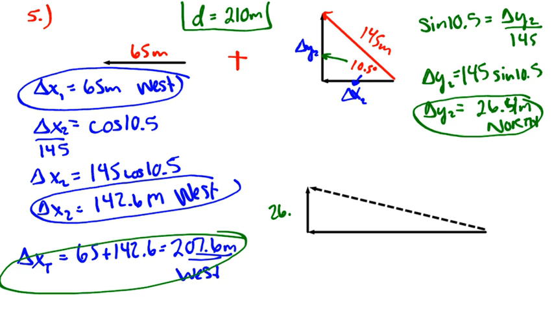What about his displacement? We're going to use 26.4 meters towards the north and 207.6 meters towards the west, and we want to find this displacement here.